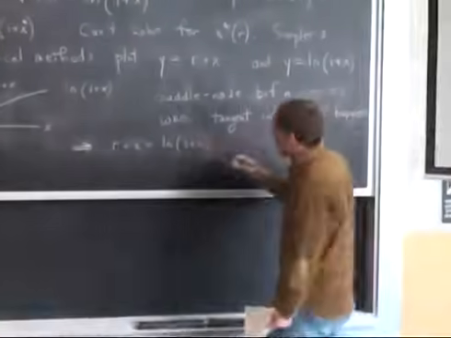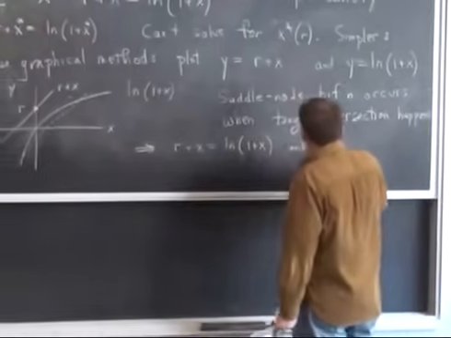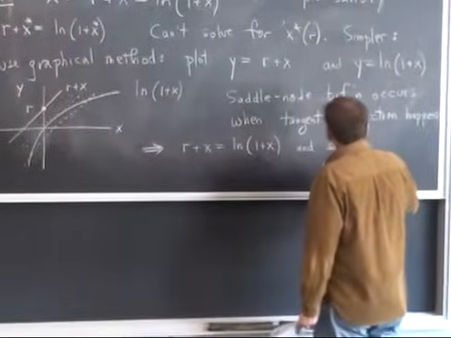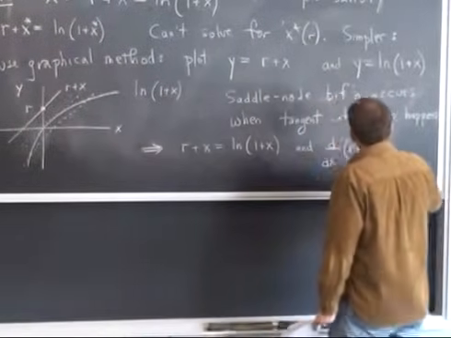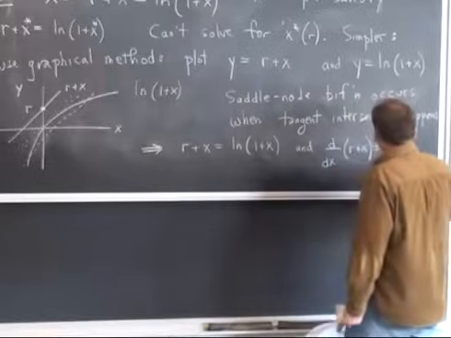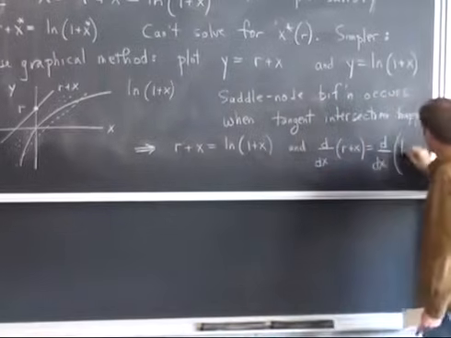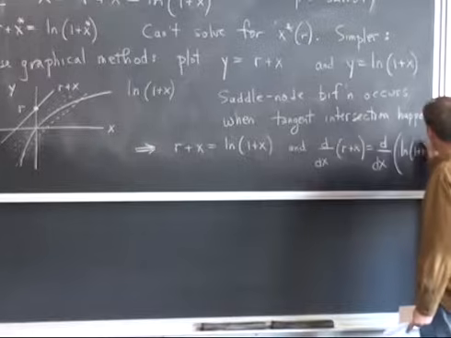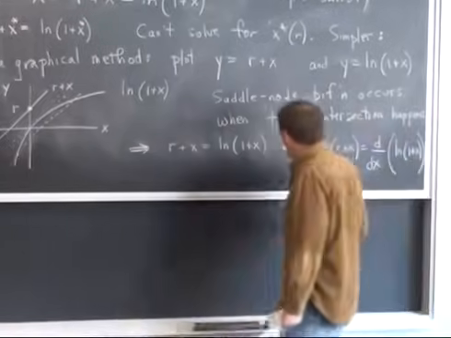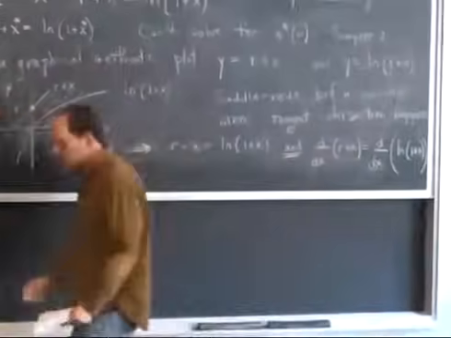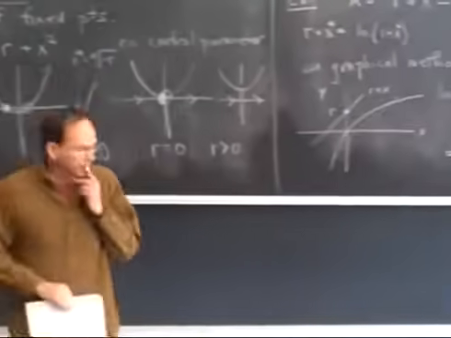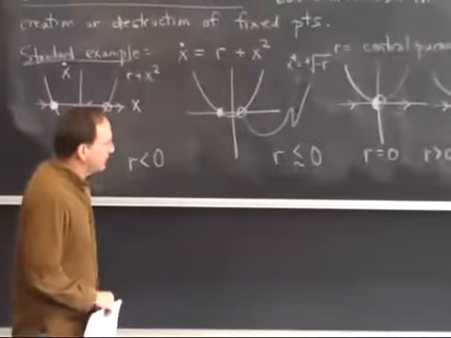So it's not just that this is true, but also d dx of r plus x should equal d dx of log of 1 plus x. You need both. The tangency condition is the second one. Right? They intersect with the same slope.